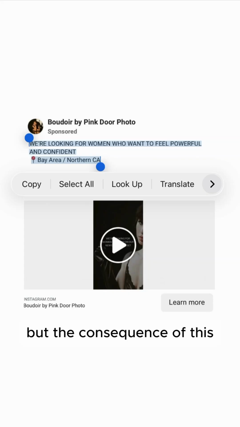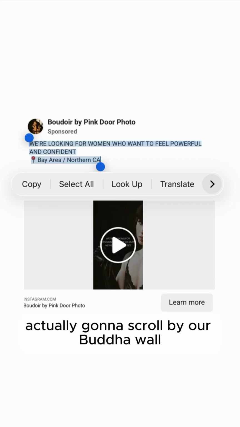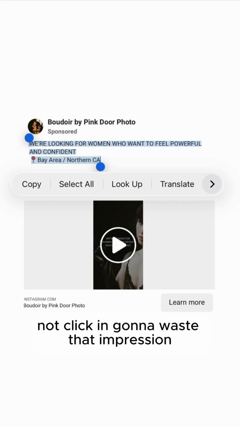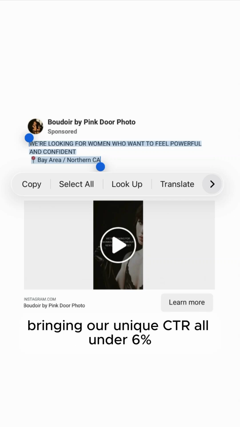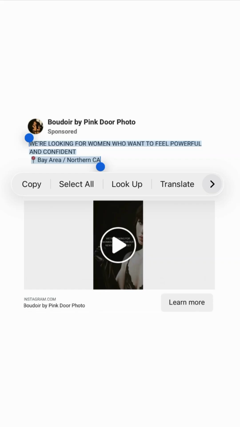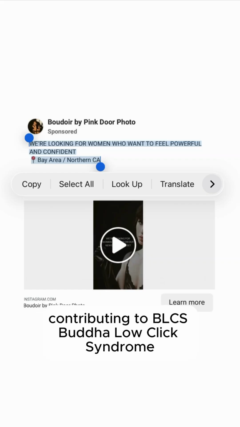But the consequence of making this mistake is way more women actually going to scroll by our Boudoir Facebook ad, not click in, going to waste that impression, bringing our unique CTR under 6%, contributing to BLCS, Boudoir low click syndrome.